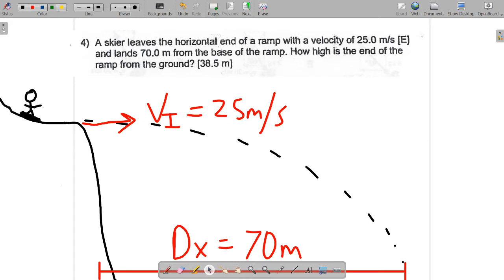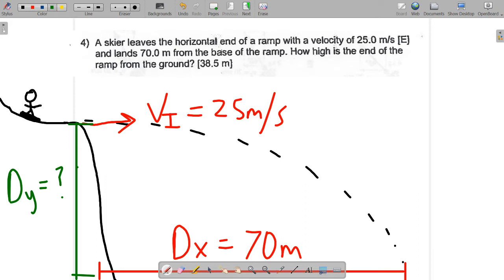In other words, this distance here in the y direction the skier traveled. That's ultimately what we're looking for. So let's put a question mark there to show that's what we're trying to find. What is the height of the ramp? In other words, the distance in the y direction.